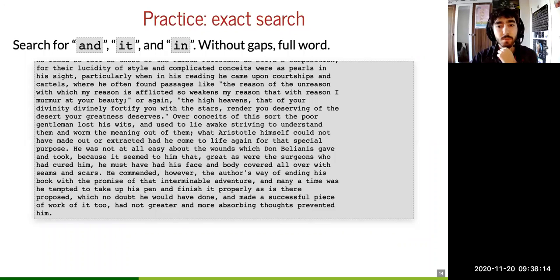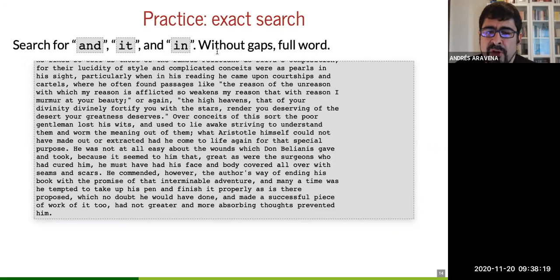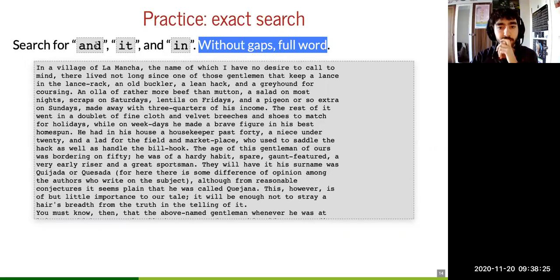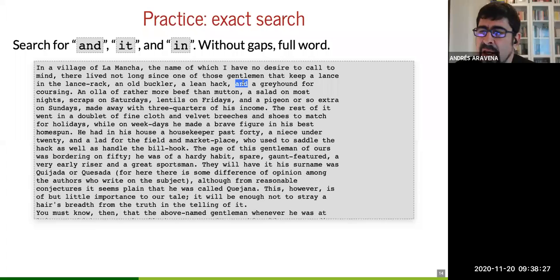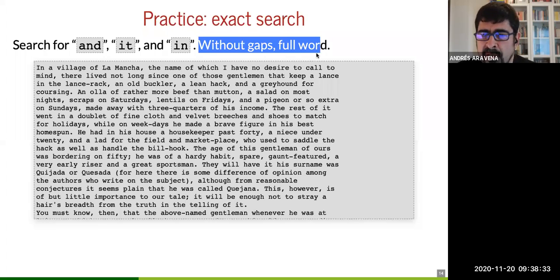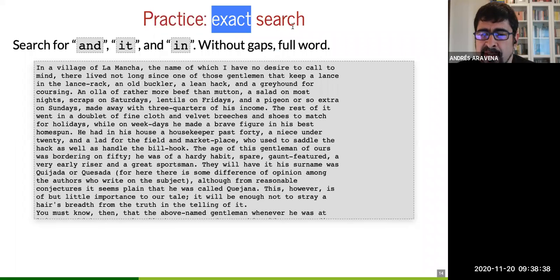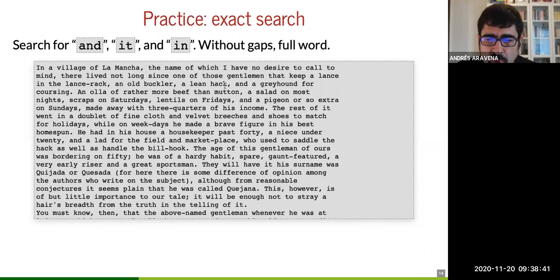Why does it say without gaps, full word, if it's a local alignment? For this exercise, I am asking you to find just our query. In general, you want gaps and local alignment, but for this practice, with an exact search, what I mean is that this is a match. But for example, I don't want income to match with in, at least not so far.